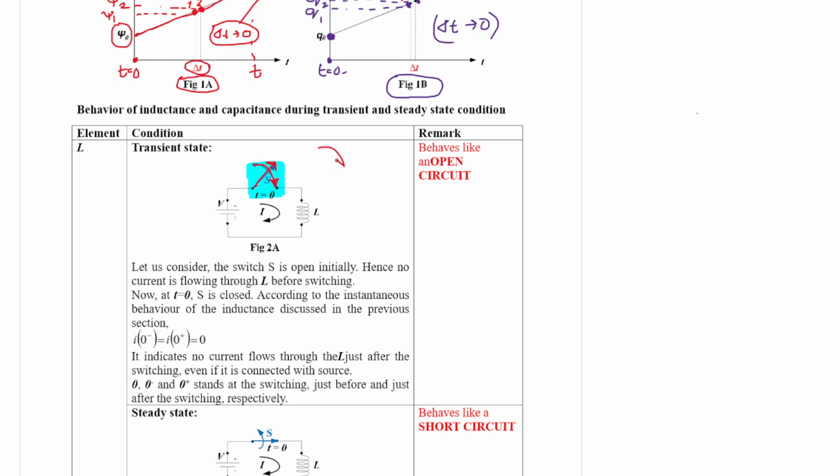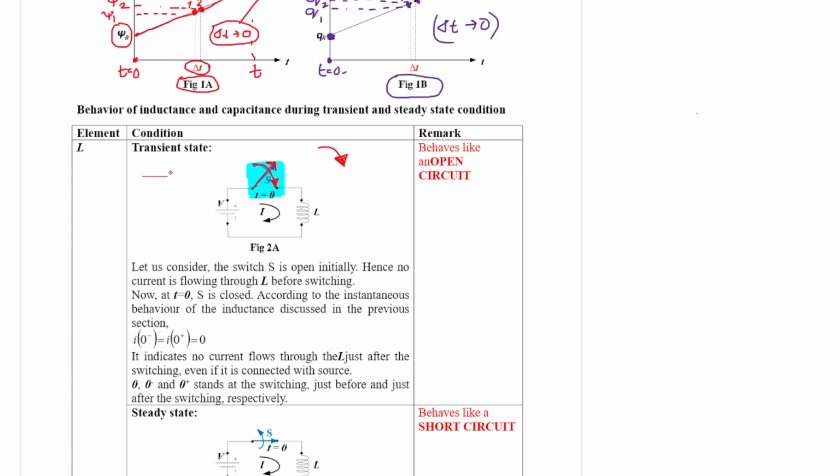So this direction means the switch is operated from off position to on position. So the switch is closed at t is equal to 0.